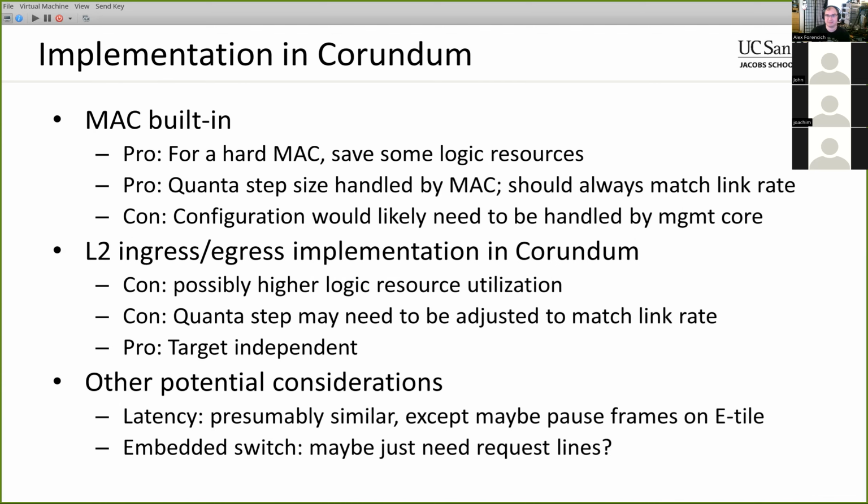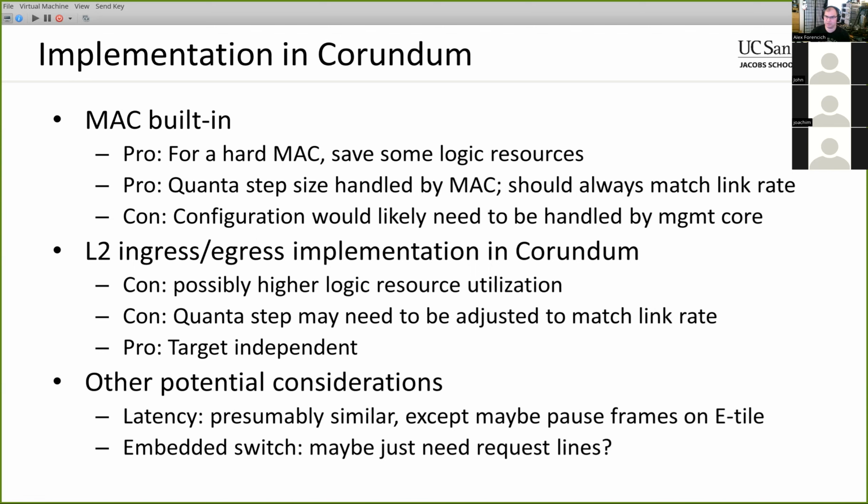But the con is that for using the built-in MAC features, the configuration becomes potentially quite target dependent, and you'd probably have to manage that with a soft core, or maybe not support very much configurability.